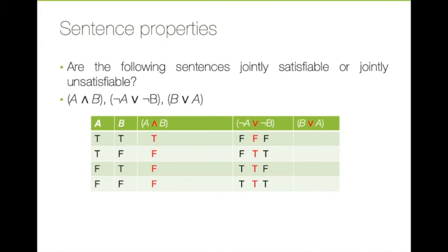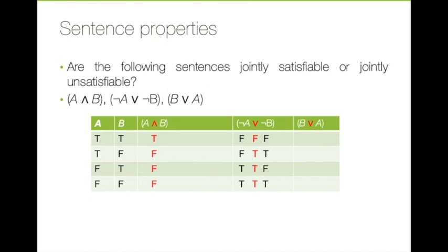So this disjunction links 2 negations, not A and not B. This means we have to look under the negations for the truth values that our disjunction depends on. So in the first row, not A is false and not B is false, so the disjunction is false.